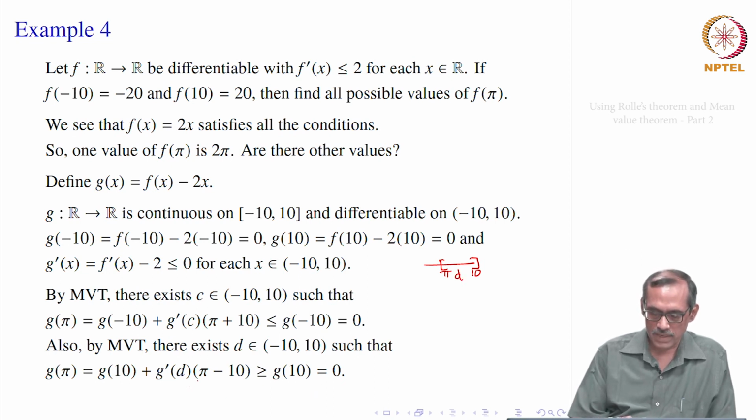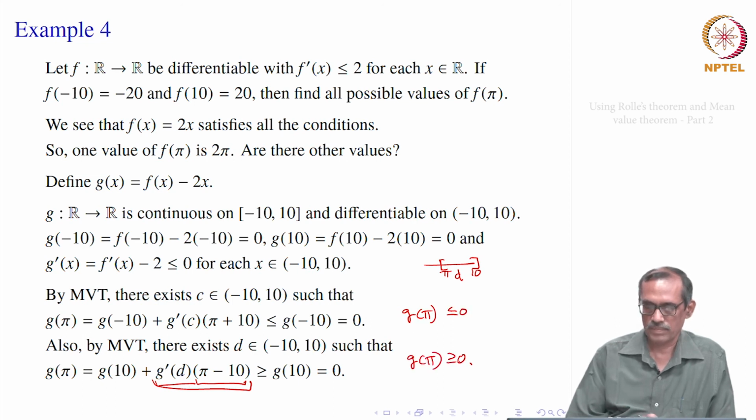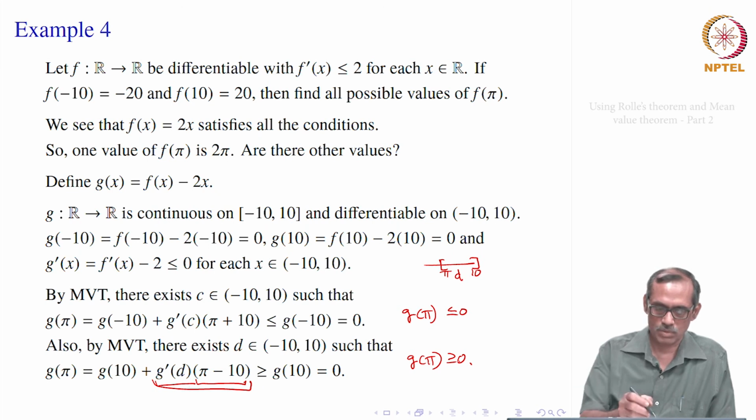So, now pi minus 10 is negative and g prime d is also negative. So, this is positive, then g of pi must be greater than or equal to g of 10 which is 0. So, here we have g of pi less than or equal to 0, here we get g of pi greater than or equal to 0. Therefore, g of pi must be 0, right. That is what we wanted.